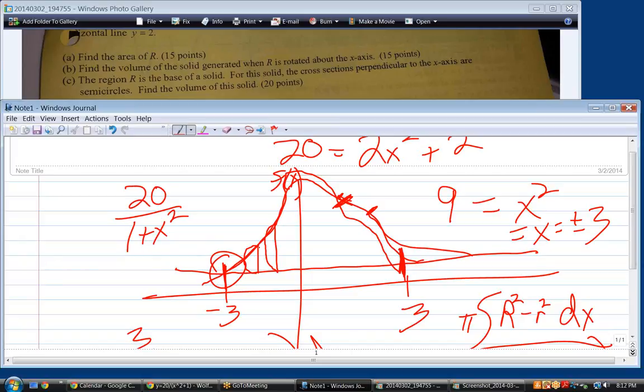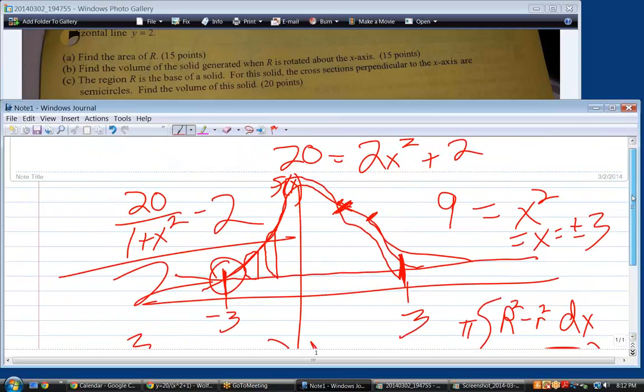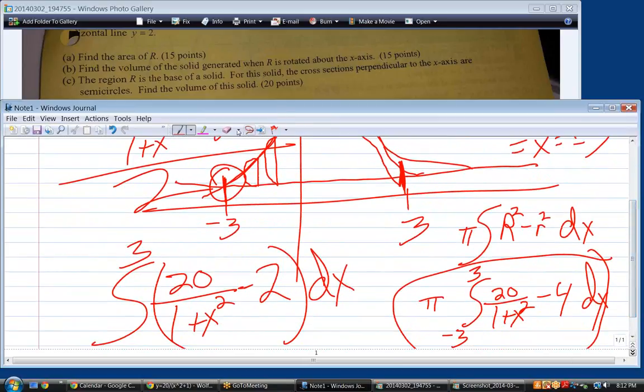So the diameter of each semicircle is what? Wouldn't it be top minus bottom function? So that's the diameter. So the radius is half of that. Okay? So now, let me erase some of this other stuff here.